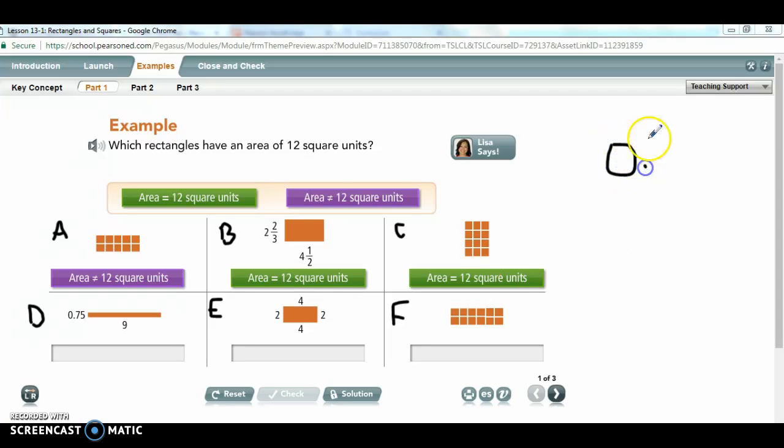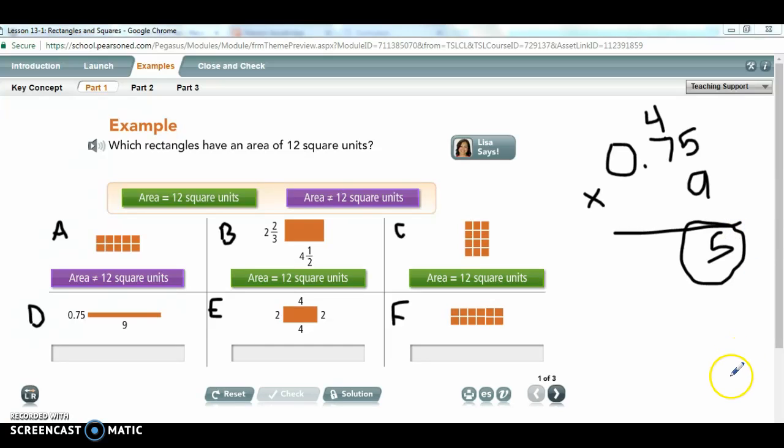So 0.75 times 9. 9 times 5 is 45. I could continue with the rest of this problem, but I already know that it's not going to equal 12 because the number 12 does not have a 5 included in it. So you could continue multiplying this out. So I will, but I know already that the answer is not going to be 12 square units.